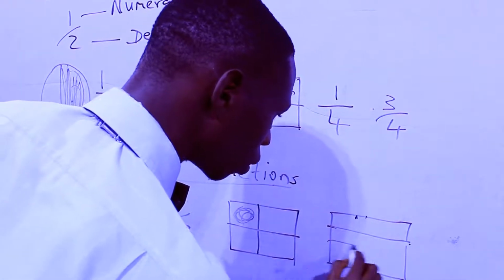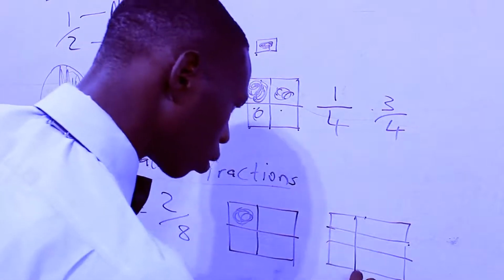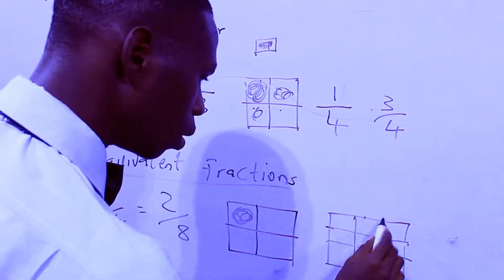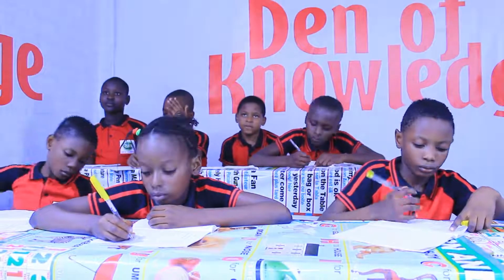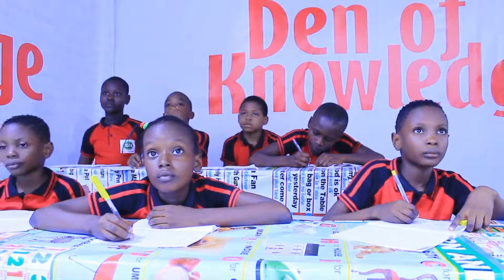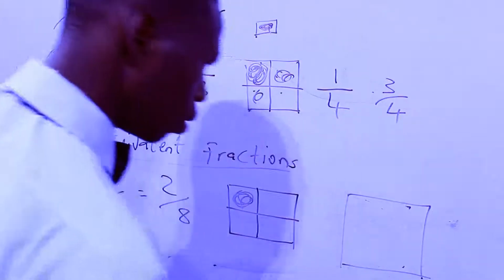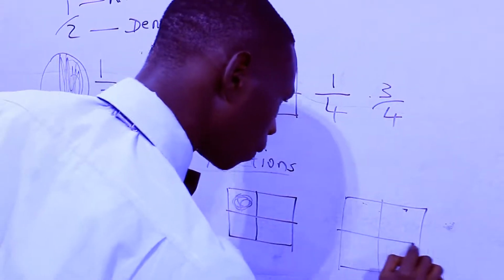1, 2, 3. Okay, this is 9 parts. Let me make it 8. This is 4.